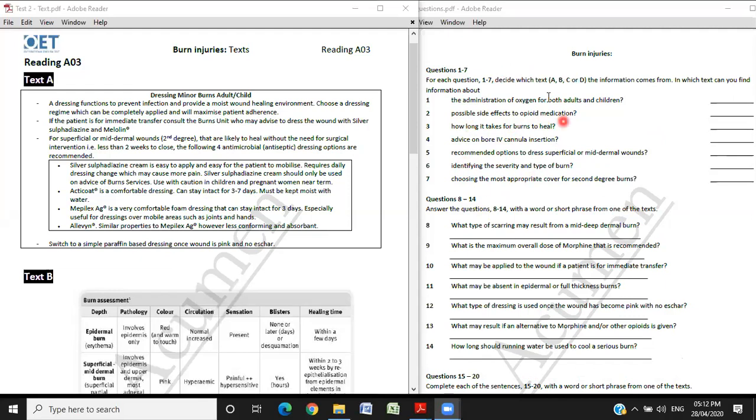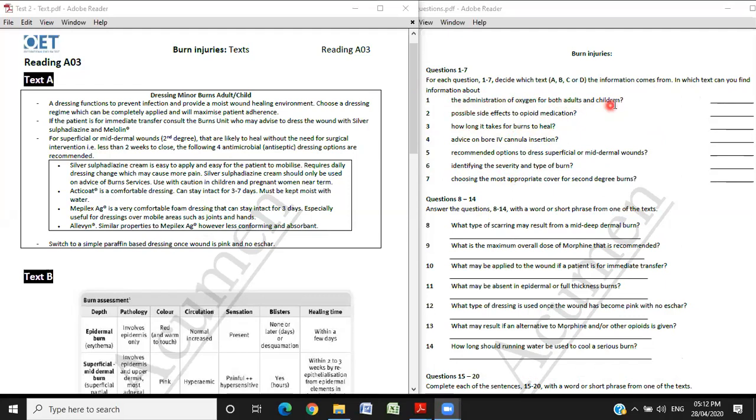So the first set of questions will always be matching questions, which means they would give you a piece of information from one of these 4 texts. You have to find out which text the information comes from. In which text can you find the information about, for example, the administration of oxygen?